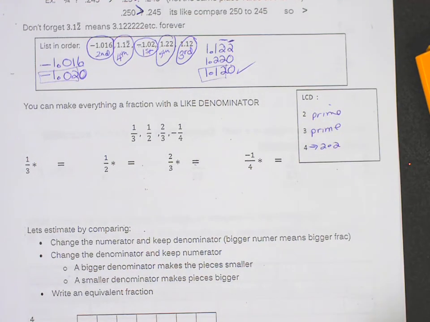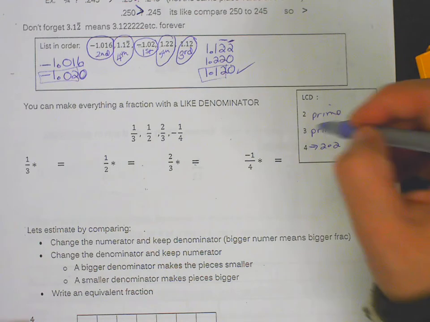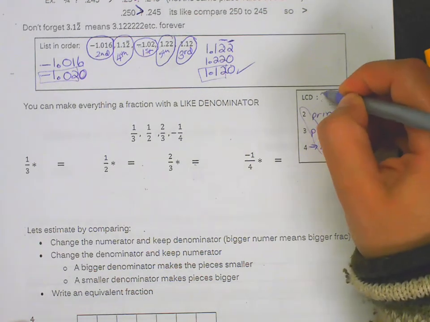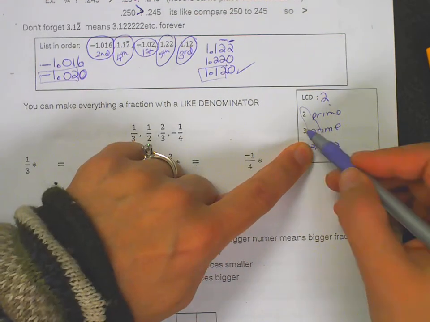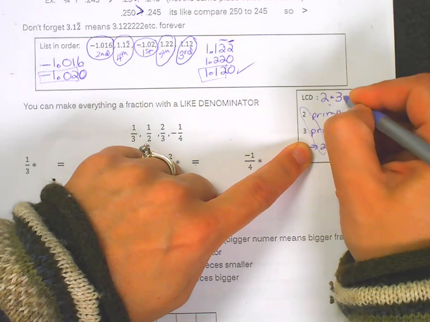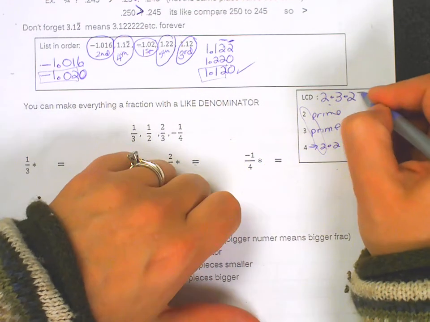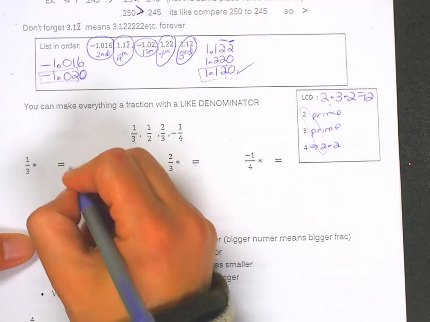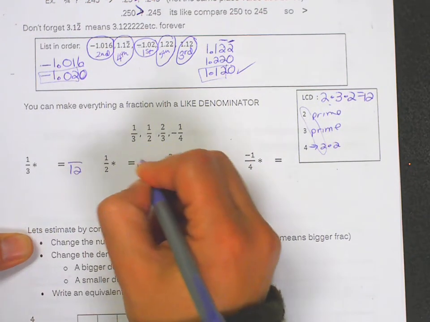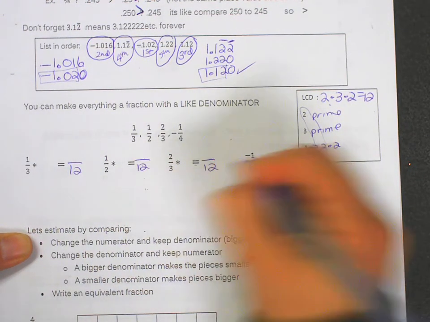Okay, so I share a 2. I'm going to write that down, and then the unshared numbers are 3 and 2. 2 times 3 is 6, times 2 is 12. The LCD of 3, 2, and 4 is 12.